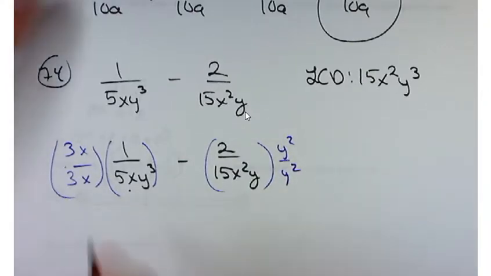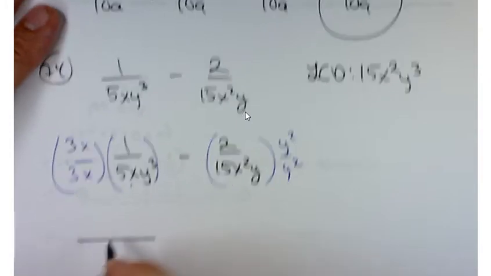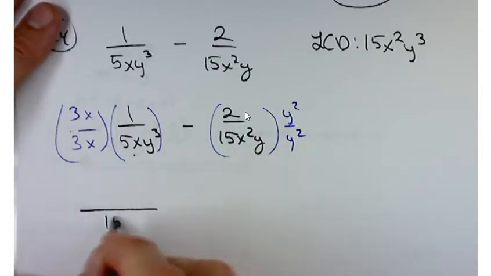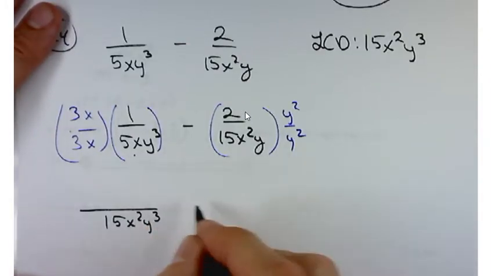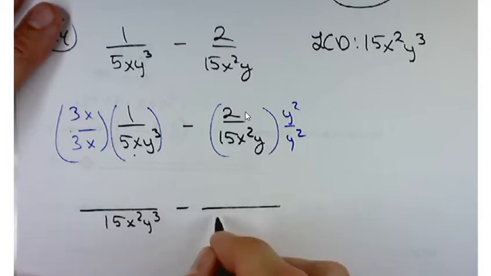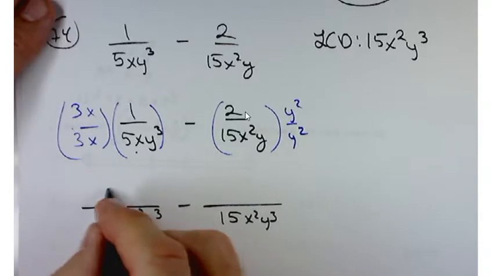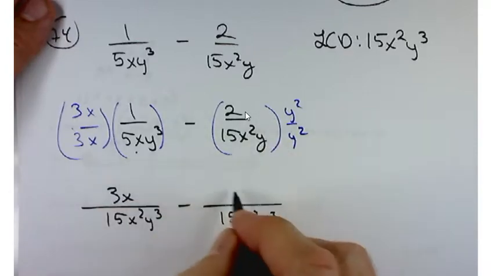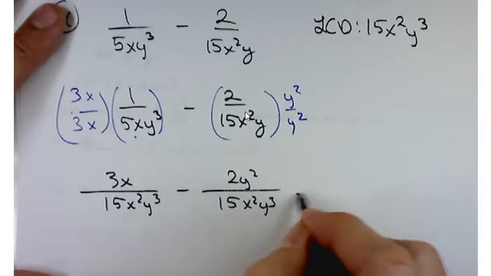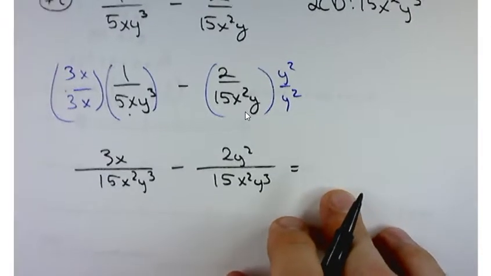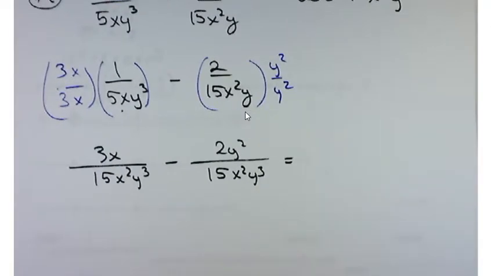Hey, that's cool. In the denominator, I've got a 15x squared y cubed, and over here I get a 15x squared y cubed, which is what I need. In the numerator it's 3x and 2y squared. You don't have to show as many steps as I'm showing.